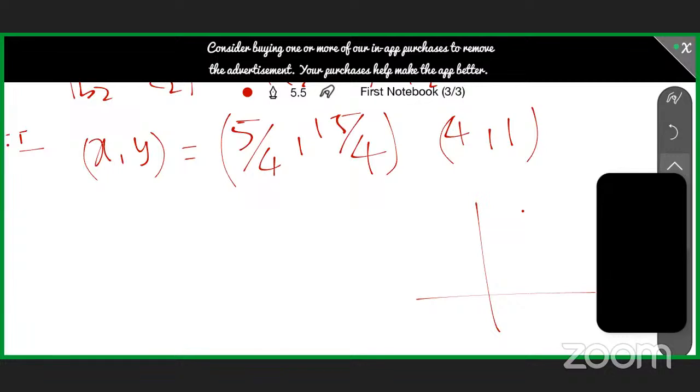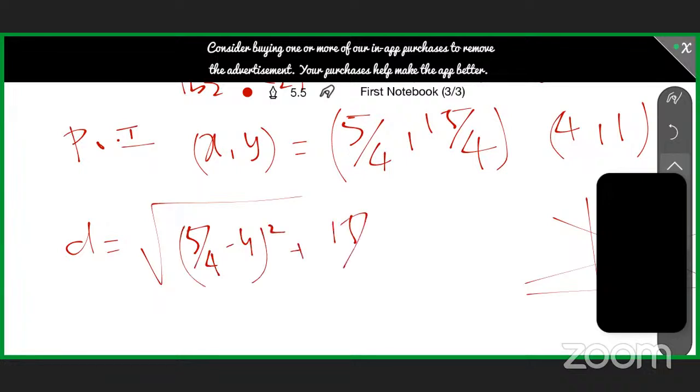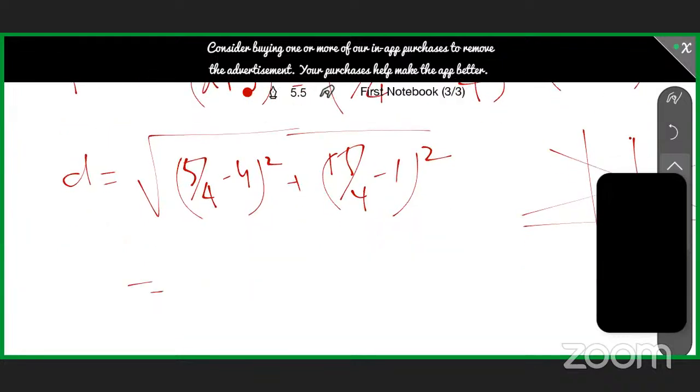find the distance. The distance is equal to root of (5 by 4 minus 4) whole square plus (15 by 4 minus 1) whole square. We simplify this. 5 minus 16 by 4 means minus 11 by 4, whole square, plus 15 minus 4 by 4 means 11 by 4, whole square.